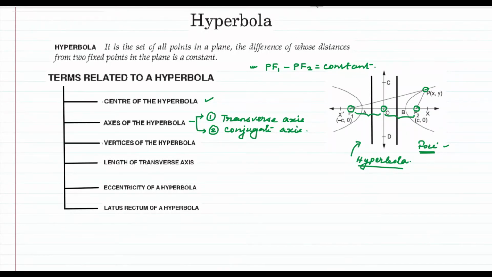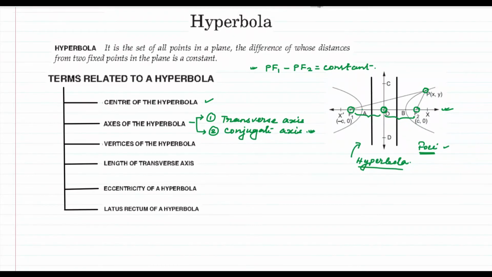Here this is the transverse axis, which is passing through the foci of the hyperbola. And what is the conjugate axis? The conjugate axis is the axis perpendicular to the transverse axis and passing through the center of the hyperbola.